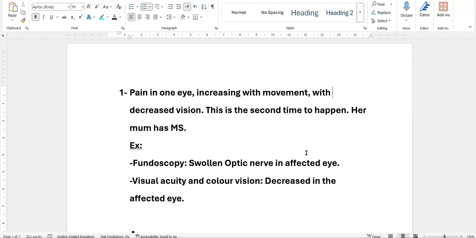So basically in this condition, the optic nerve that supplies your eye, the nerve through which you can see, is having some inflammation around it, and this is causing you to see less, being unable to see with your left eye specifically, and in addition to that, your color vision is decreased too. This is what happens basically.